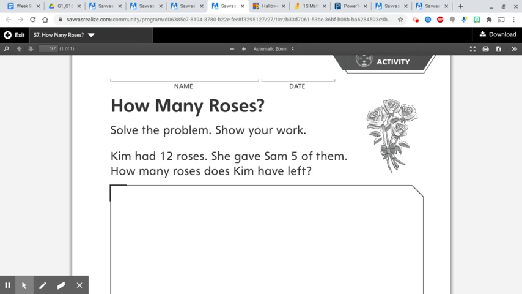So count back 5 and take 5 of your cubes away. Now, when you go to draw that in a picture, you still need to start with 12 and you still need to cross 5 of them off. And then I want you to answer the question, how many roses does Kim have left? So think about how you could answer that question and show your work. Pause the video and take a few minutes to work on that.